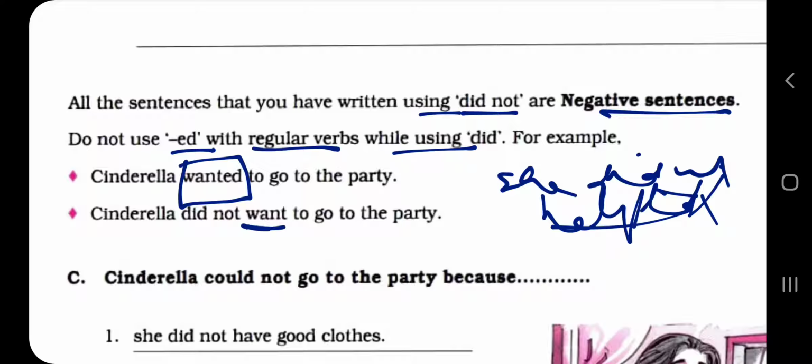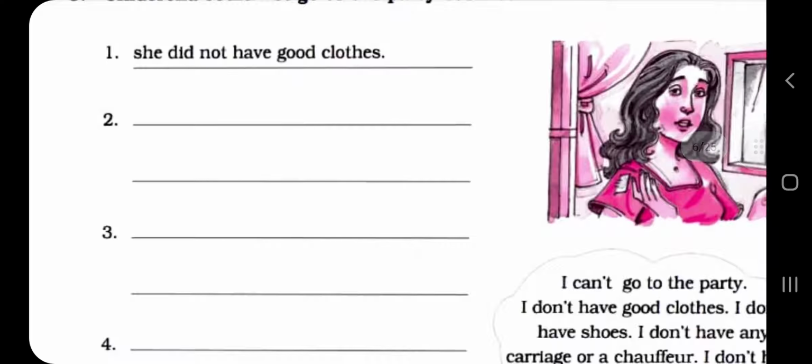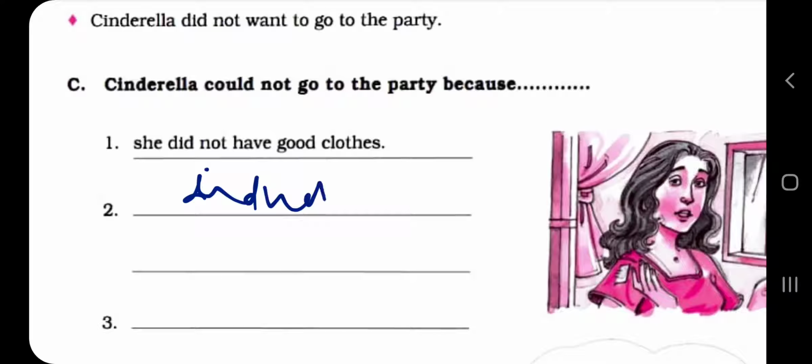Cinderella could not go to the party. Now let's see what is there. She did not have good clothes. There were many reasons that Cinderella could not go to the party. One of the reasons was that she did not have good clothes. She did not have transport facility, that is carriage or something.